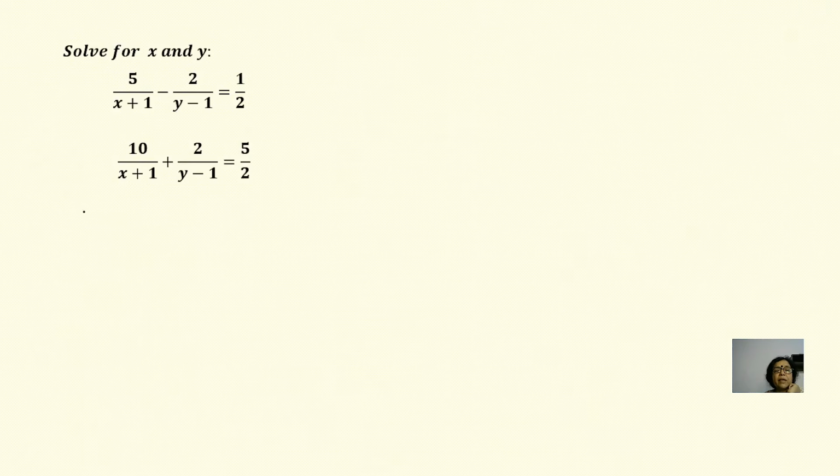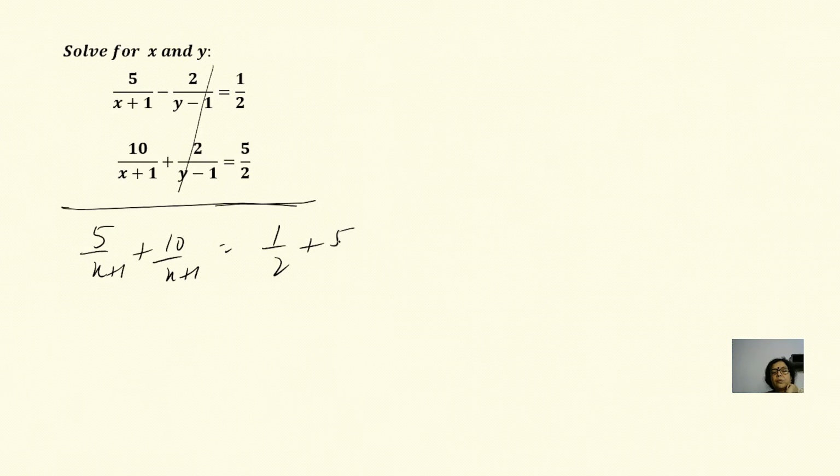So simply if I add these two equations without doing any assumption or anything, these two will get eliminated and we will be left with 5 by x plus 1 plus 10 by x plus 1 is equal to half plus 5 by 2. So this becomes 15 by x plus 1 is equal to 6 by 2. So that makes it x plus 1 is equal to 5, or x is equal to 4.